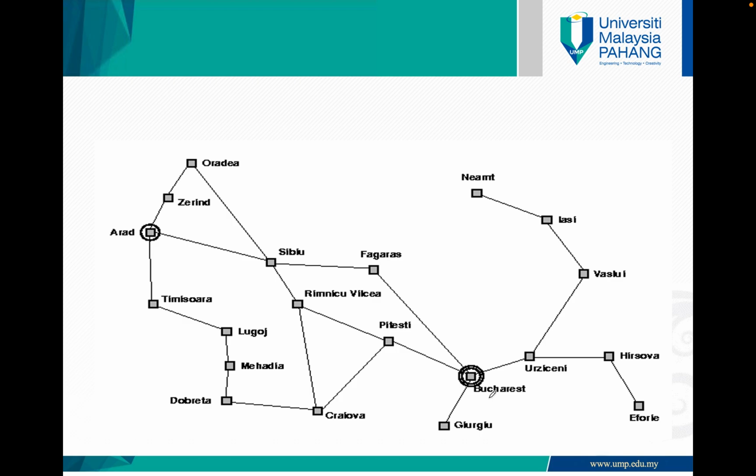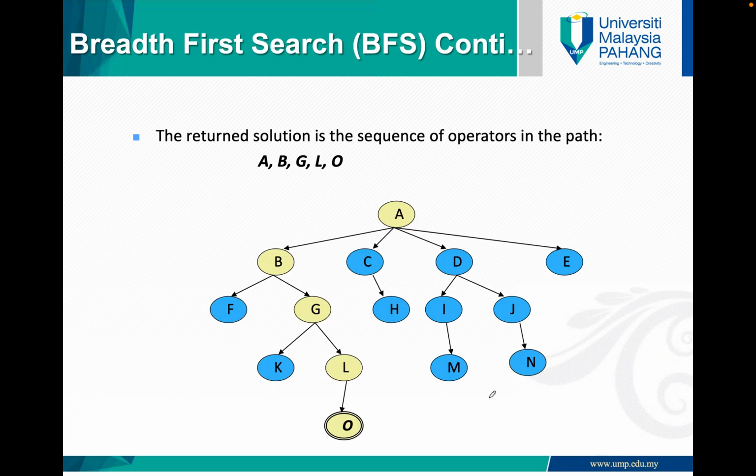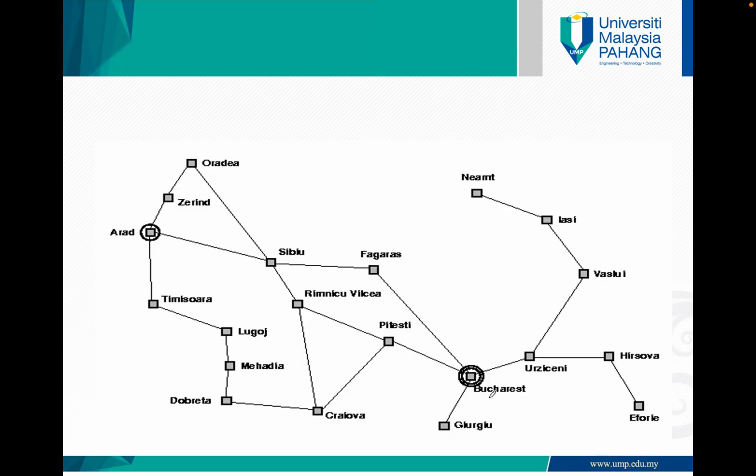But how can we design this problem? If you are given this problem in the form of a map like this, how can we make it into a tree like this? Normally, if you are given this problem, the first thing you have to do is transform it into a tree.